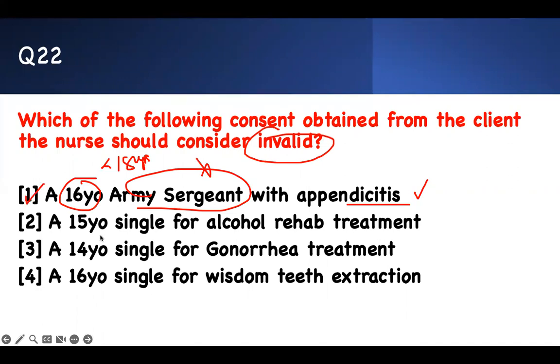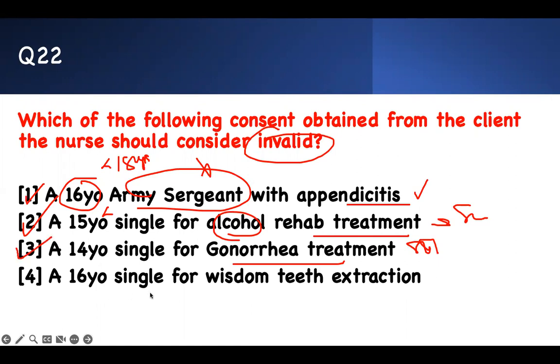So this is good. A 15-year-old single for alcohol rehabilitation. Minor, but what? It's for substance abuse. Is okay. A 14-year-old single for gonorrhea treatment. STI, sexually transmitted disease. They can do it on their own. They don't need their parent's consent.